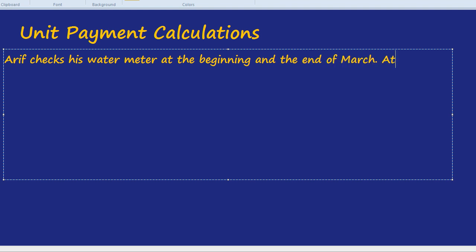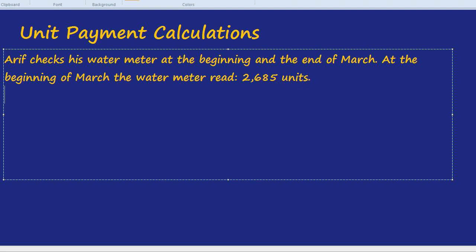At the beginning of March, the water meter read a certain number of units, let's say 2,685 units. At the end of March, it read 2,994 units.